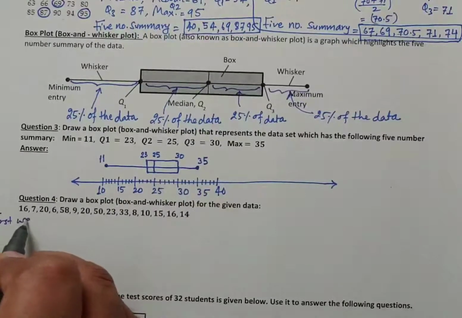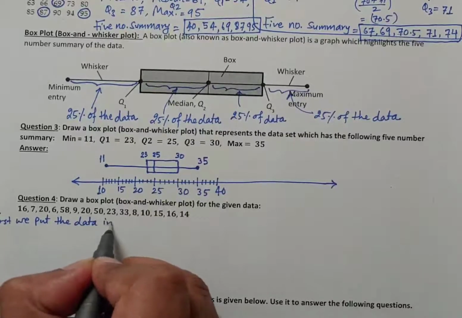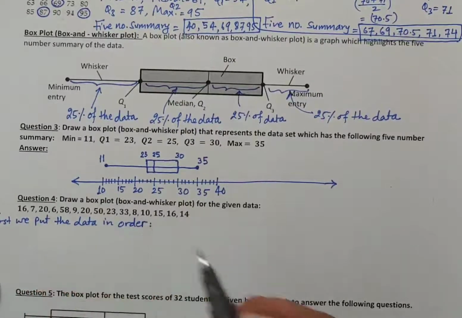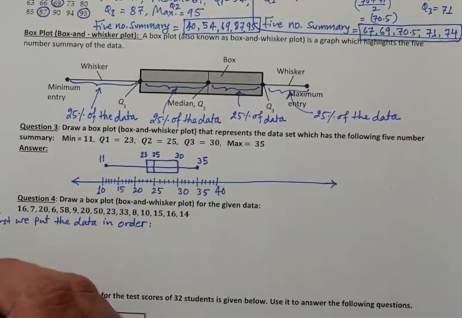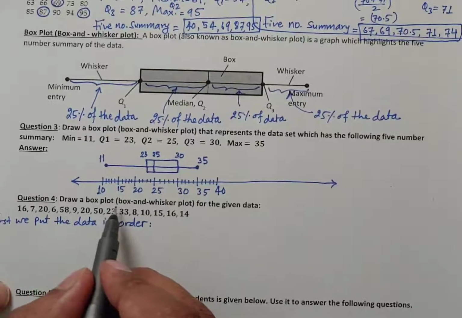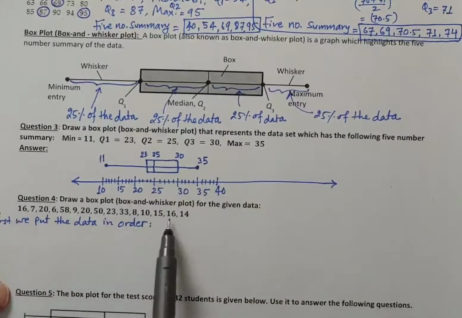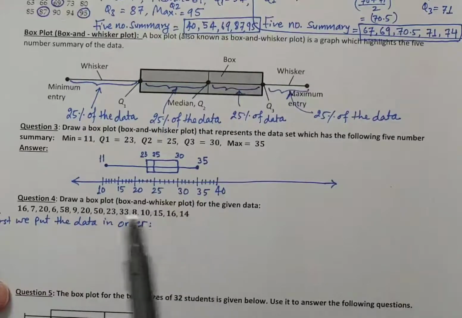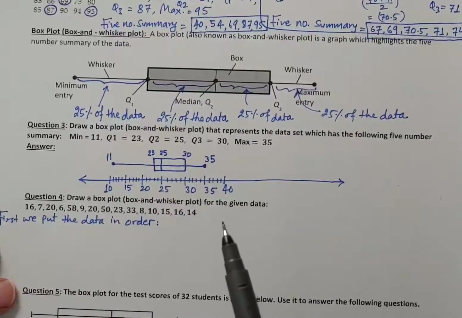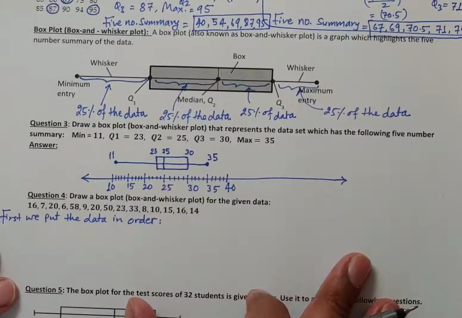First we put the data in increasing order, because we need the 5-number summary to draw the box plot, right? For the previous question we had the 5-number summary, but for this question we don't. So we need to find the 5-number summary, and then we draw the box plot. Okay, so we first put the numbers in order.